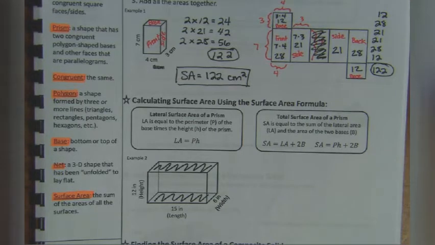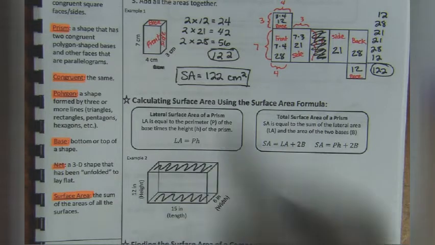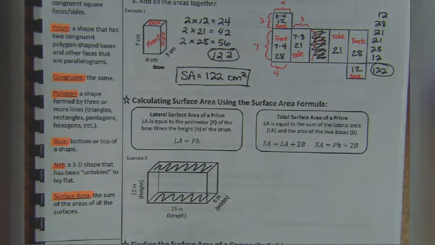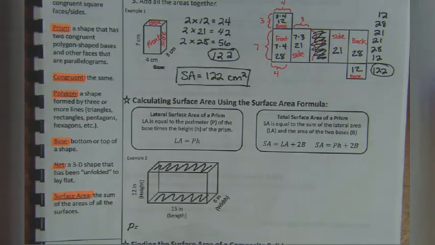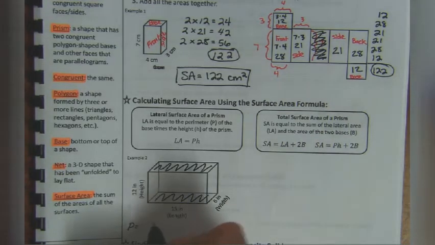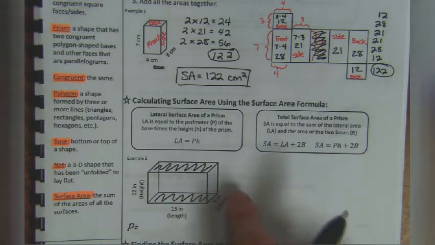Okay, so what we're going to do here, guys, is we've got our bases. I colored them in for you guys so you can tell which ones are the bases. So we need to find the perimeter of the base. Okay, so the perimeter is always equal to 2 times the length and 2 times the width.